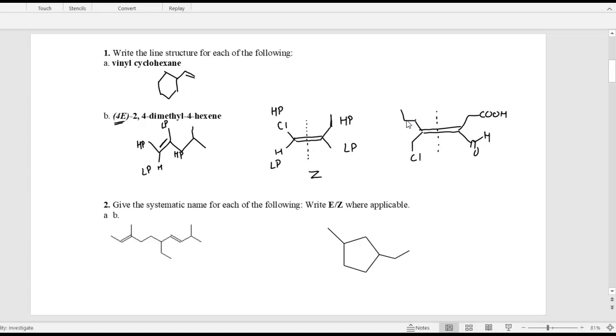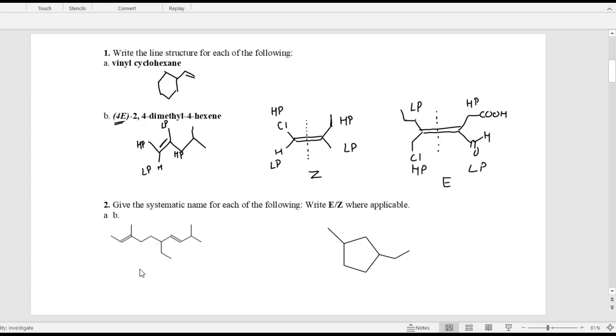Here again another carbon connected to another carbon, but this connected to chlorine, so this becomes my high priority. This is my low priority. Here we have a carbon connected to two oxygens, so this is my high priority. Here is connected to only one oxygen, so this is my low priority. So here we have high priorities on the opposite sides, low priorities on the opposite sides, so this should be an E isomer. Okay, so that's how you designate E and Z before the names of the alkenes, to show whether the isomer is a Z or an E.